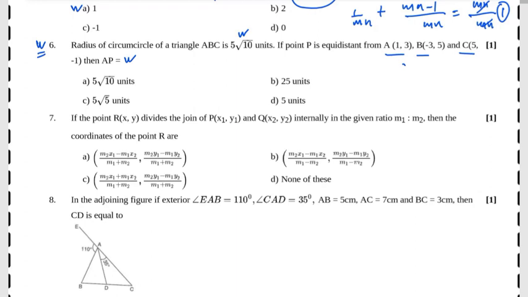So this is A, B and this is C and this is the triangle, and all of these points are equidistant from the center of the circle. So AP will be the radius of the circle. So the correct answer of this question will be 5 root 10, and this is in option A. So the correct option of question number 6 will be A.